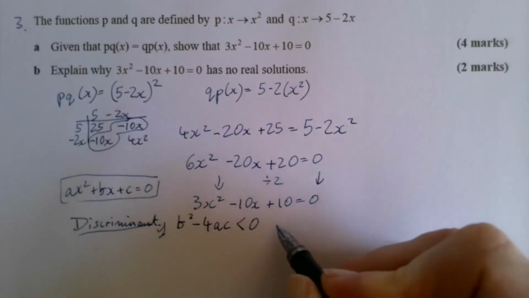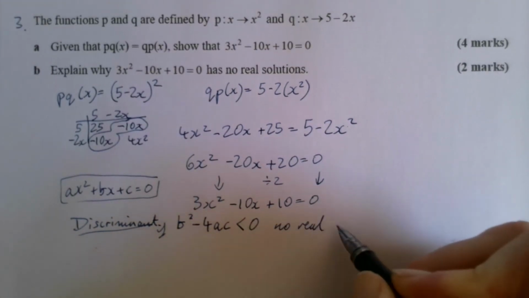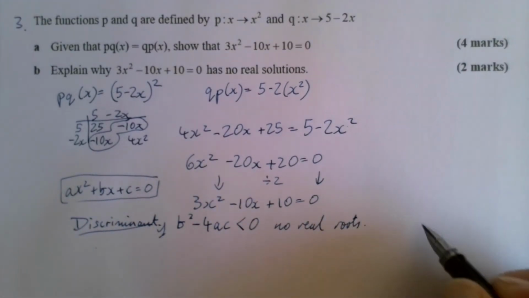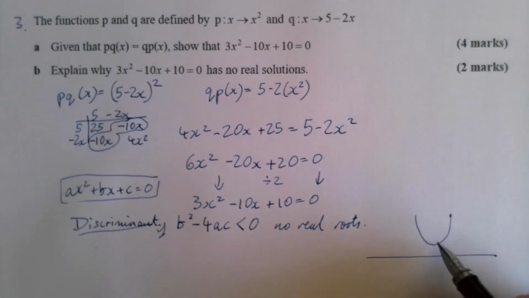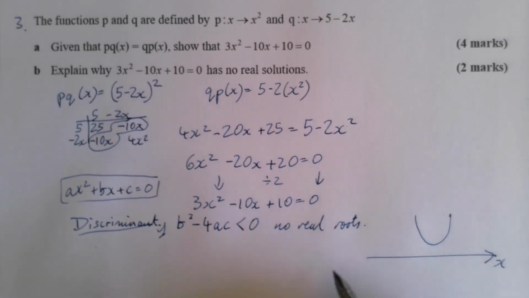If it is smaller than 0, there are no real roots, because what we're talking about is a quadratic that's never going to cut the x-axis or the line y equals 0.